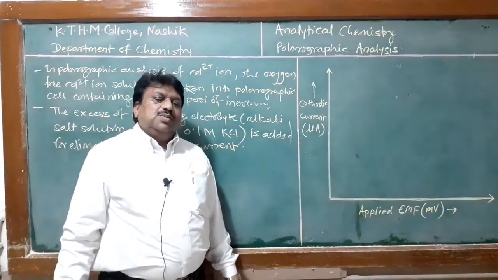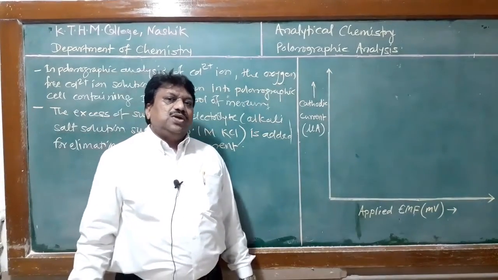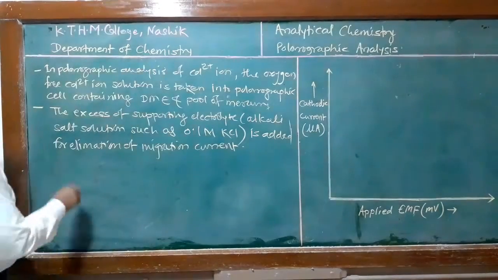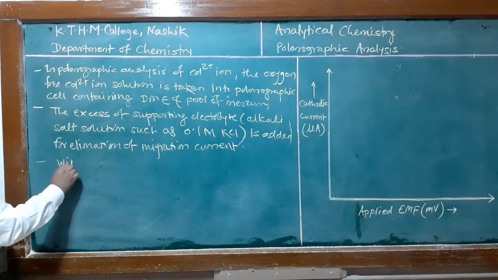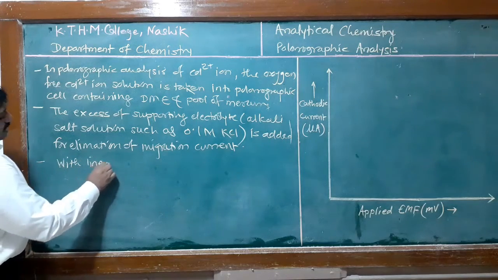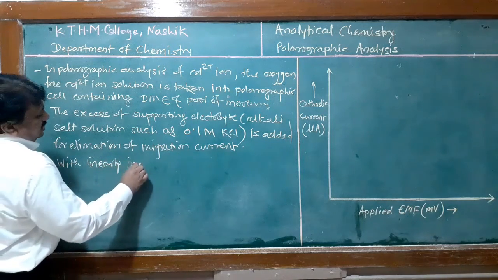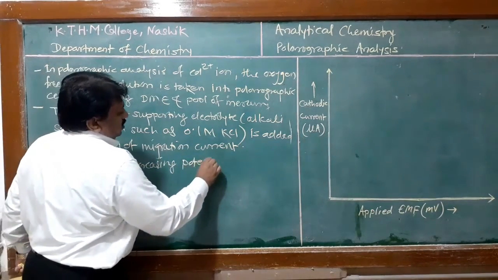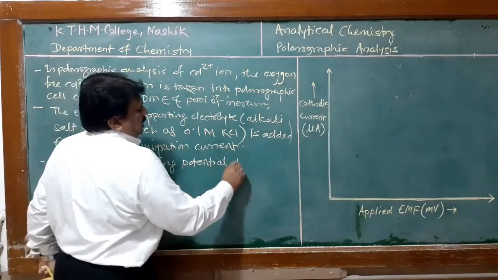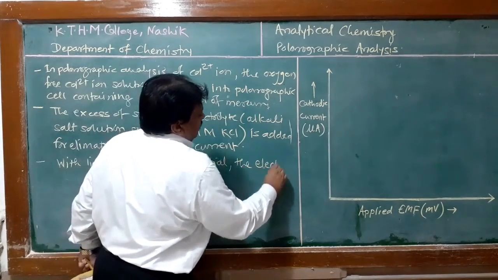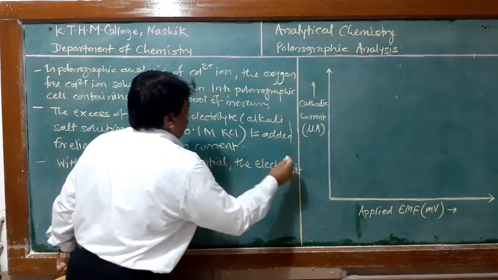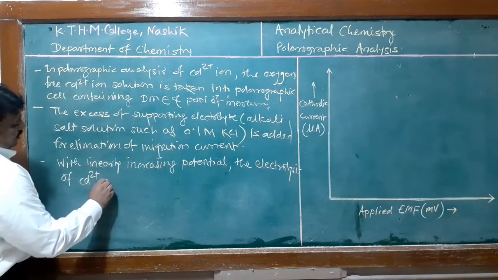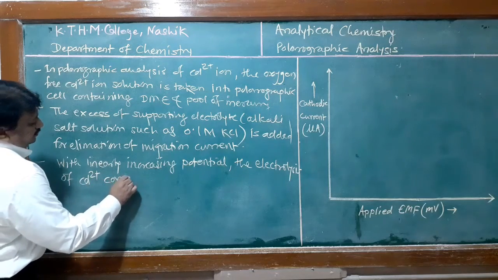After this, the potential across the dropping mercury electrode and the pool of mercury is linearly increased. With linearly increasing potential, the electrolysis of cadmium is carried out.